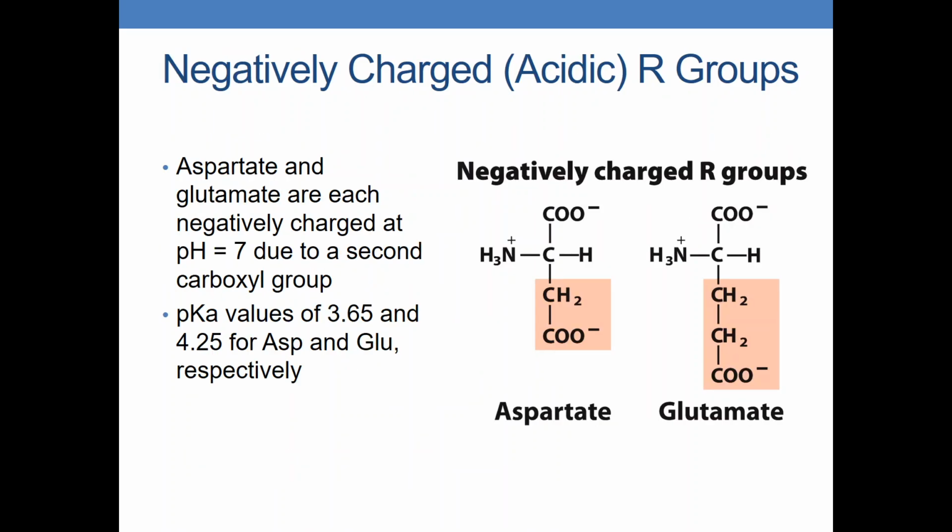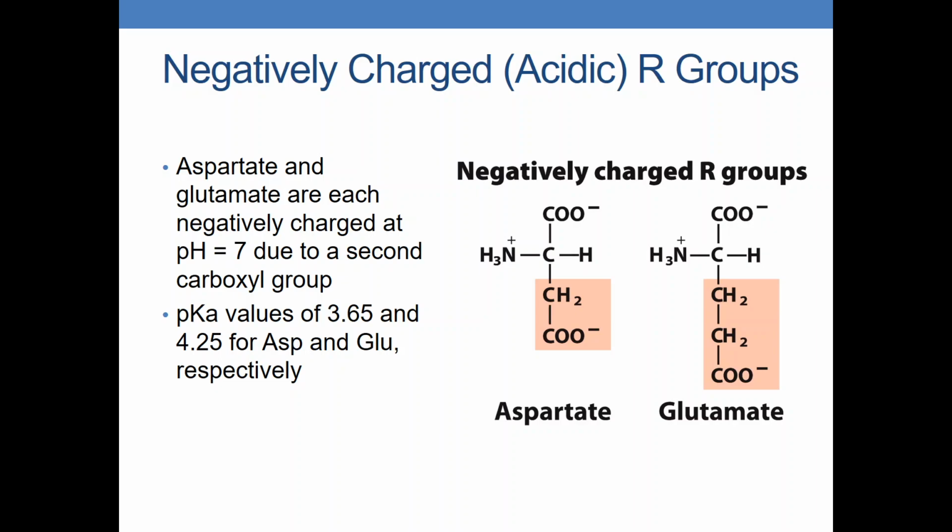Our last grouping of amino acids are the negatively charged or acidic R groups. Once again, we see this acidic language, in contrast to the basic language, show up. Previously I referred to the positively charged R groups as being basic because their pKa's are in the basic pH range.